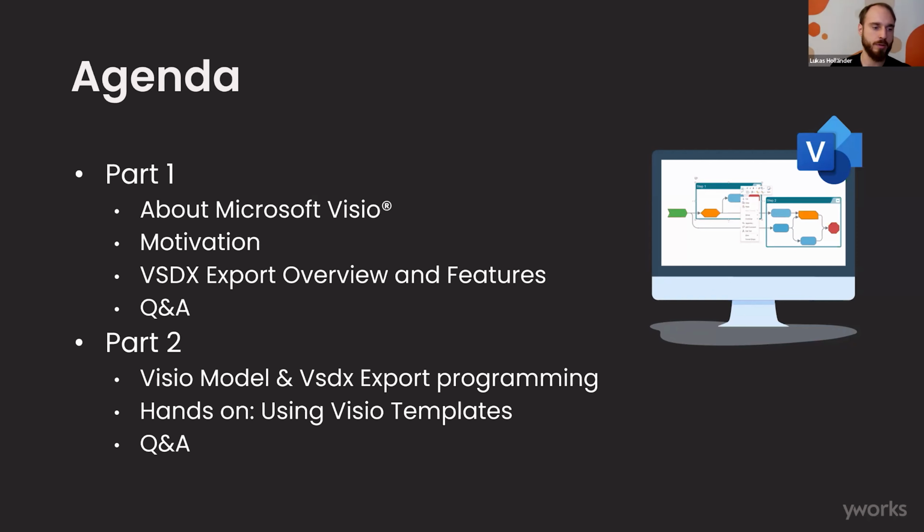In the second part, I will dive a little deeper into the Visio shape model and how to program with the VSDX export, and we're going to do a programming example. At the end of both parts, there will be a questions and answers section.